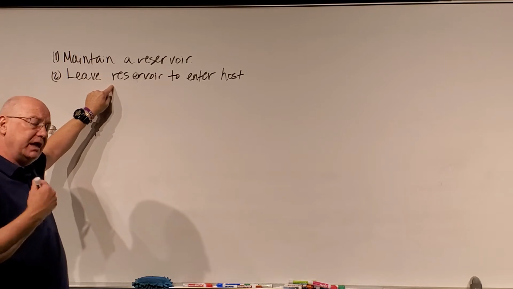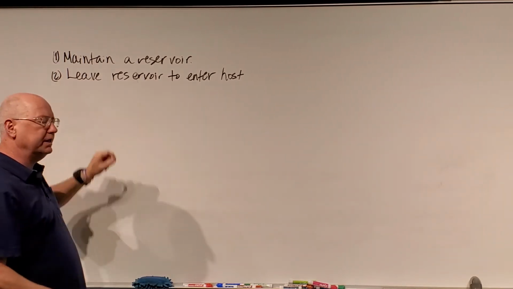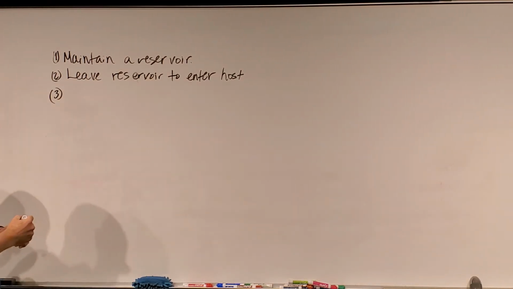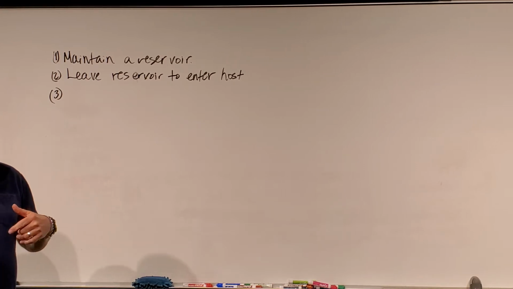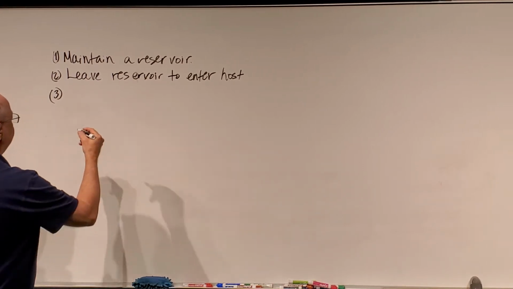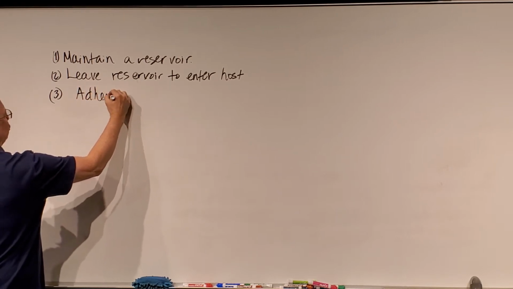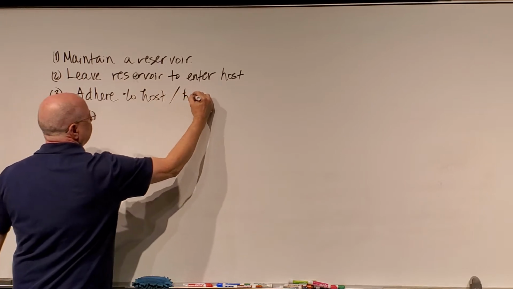It has to have the ability to leave that reservoir. There's a portal of exit or a way that it can exit, and to enter a host. Okay? Now, in order to enter the host, several steps have to occur. One is it needs to adhere to the host or the host cells.